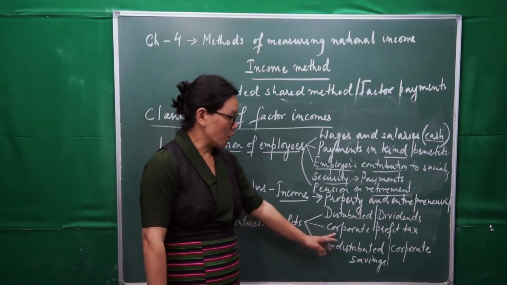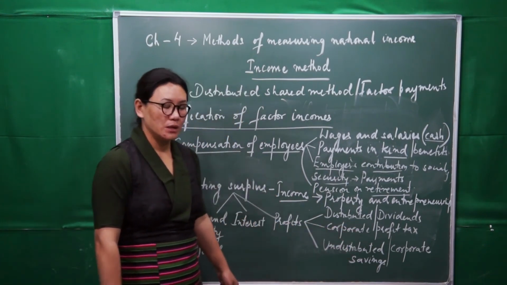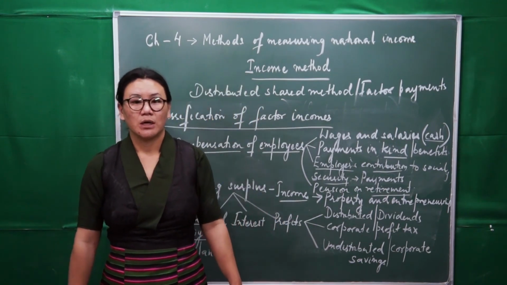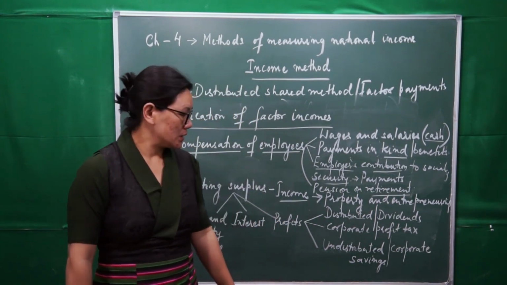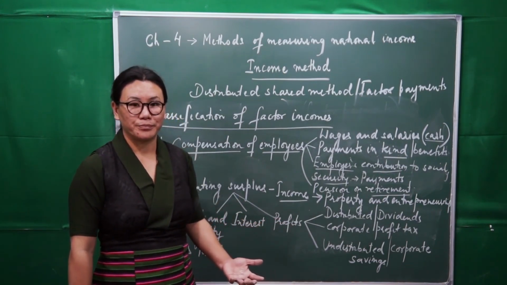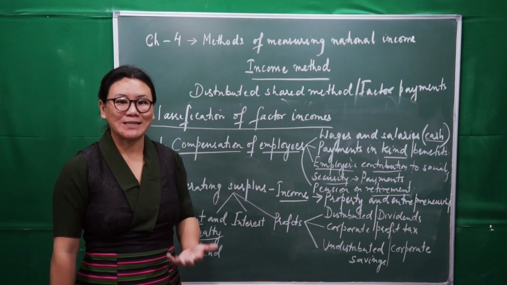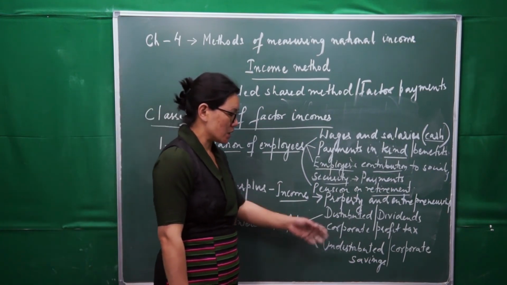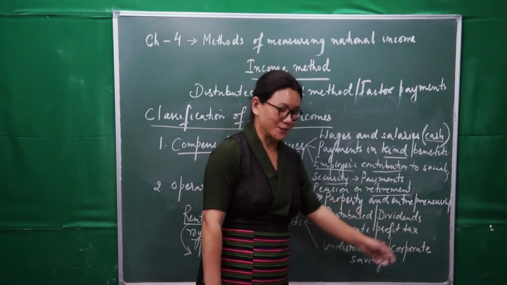Second one is corporate profit tax. Say for example, if a company or corporate earns profit, okay, they have to pay tax to the government, and this is called corporate profit tax.